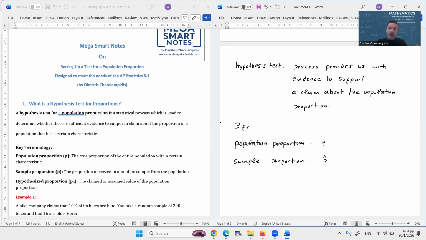And remember how I defined the hypothesis test: it's a process that provides me with evidence to support a claim about the population proportion. This claimed proportion is what we will call from now on P0. So the claimed proportion is P0.